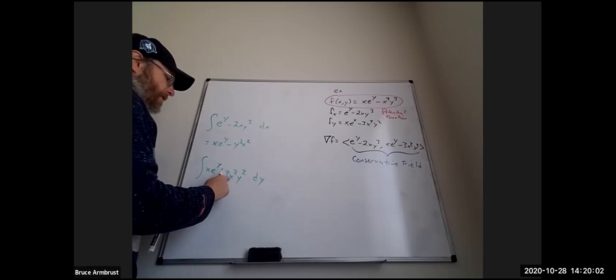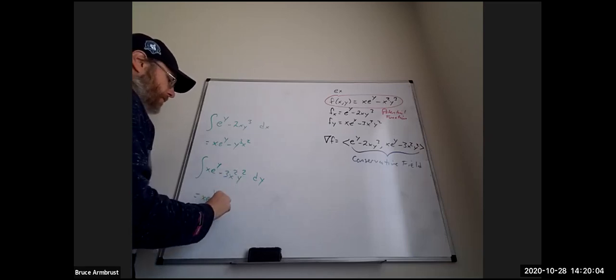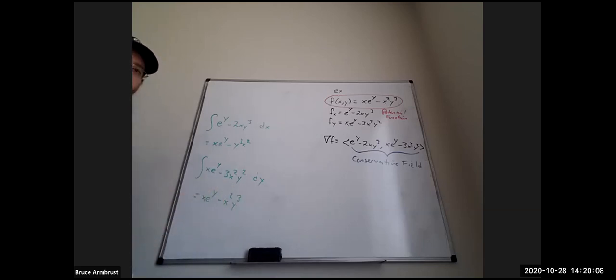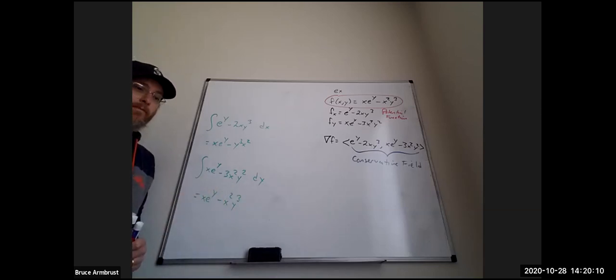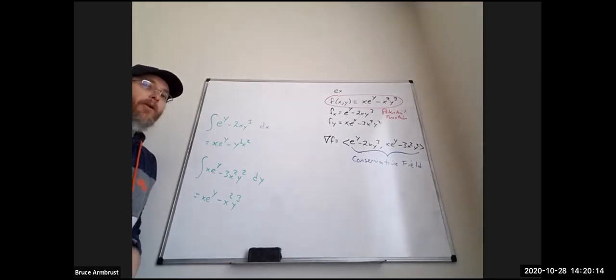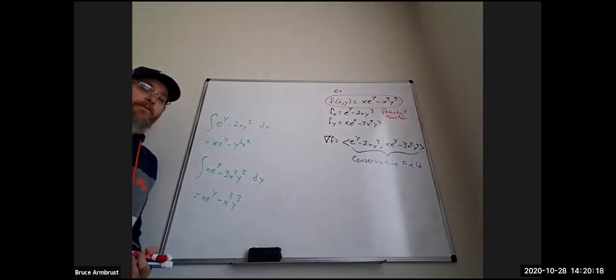And then we're going to get minus 3x squared times y cubed over 3, which you'll see does bring us to the same place. So this is going to be the process of finding a potential function given a conservative vector field. We're just going to do partial integrals.